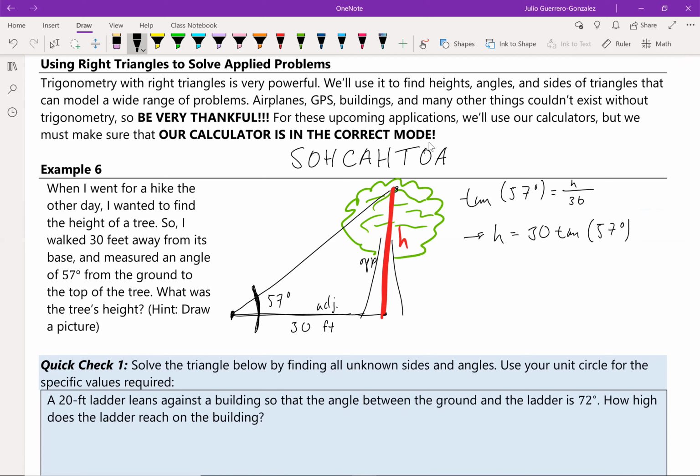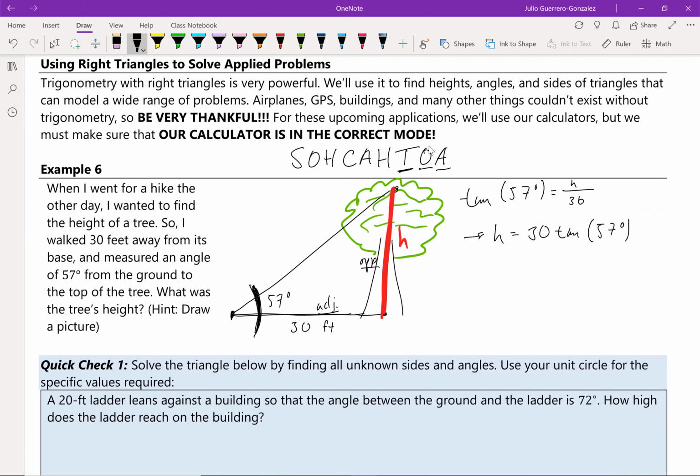You have to look at what you have and what you need, based off of those two, depending on where the angle is. That's what you would be using. If this is the angle, you need opposite and you have adjacent, so you need tangent.